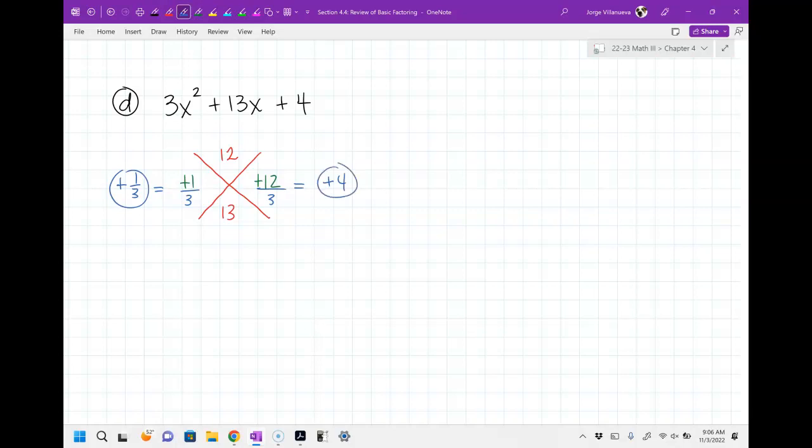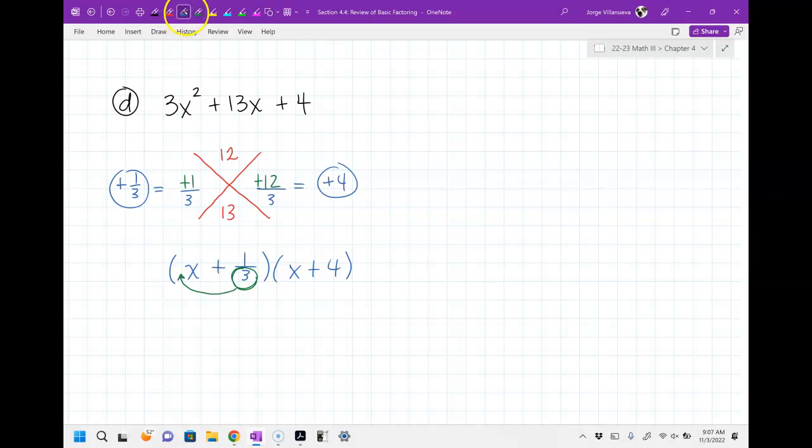So to write my answer, it's x plus a third, x plus 4. But the thing is, they never want fractions there. So I always tell people, just take the bottom and move it up. I always say bottoms up, right? You're going to get this number and throw it right in front of the x, inside of the parenthesis.